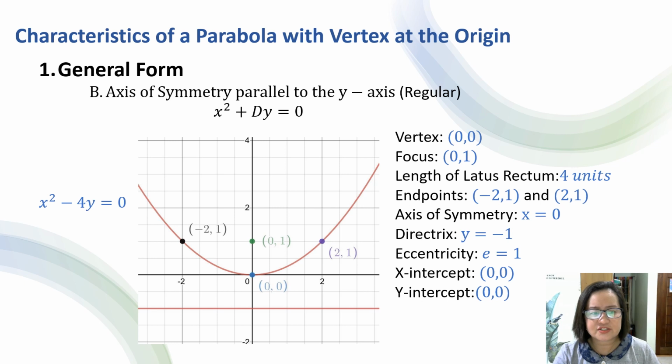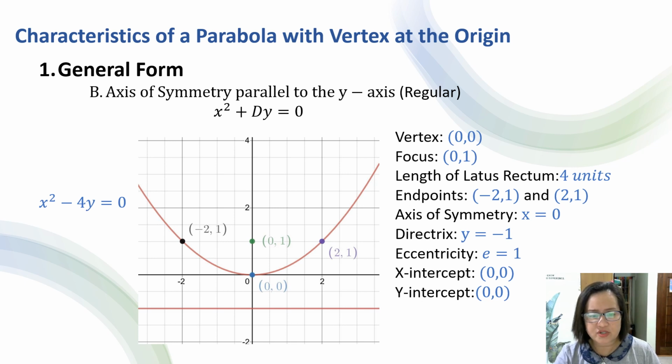Now let us consider the parabola with equation x squared minus 4y equals 0. Graphing it using Desmos, take note that its vertex lies at the origin. Its focus is at (0, 1).